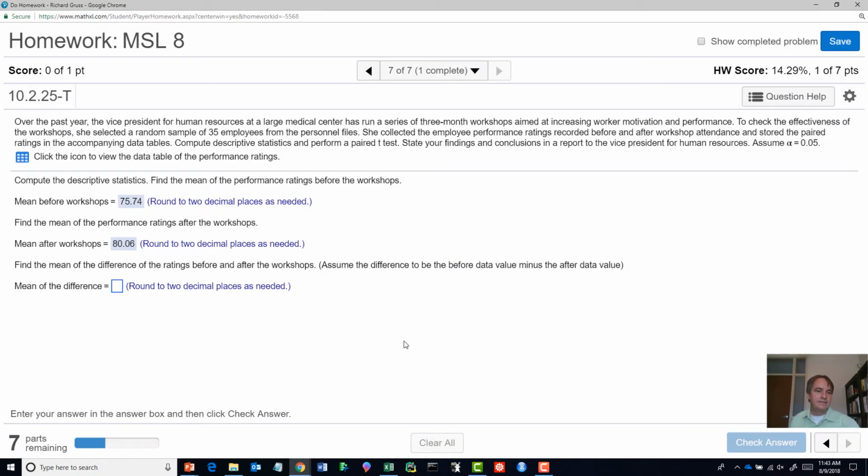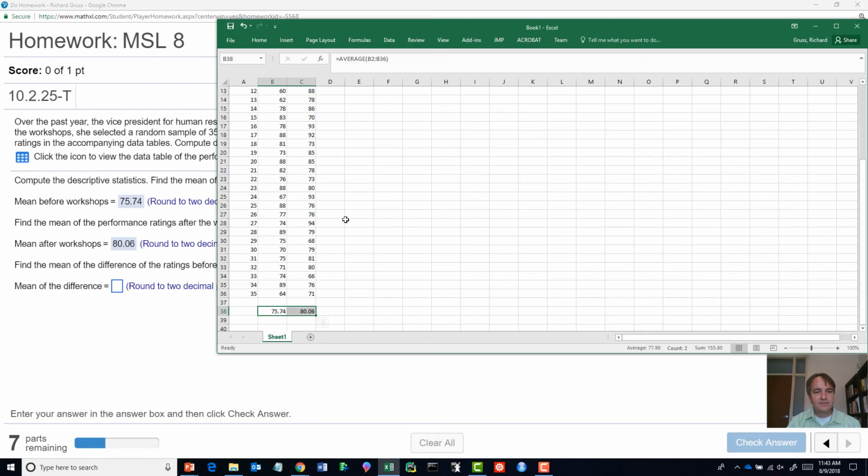Okay, so the mean of the difference of the ratings before and after. This is asking us to find the difference. So we'll just call this D, abbreviated. And so we need to find the difference here.